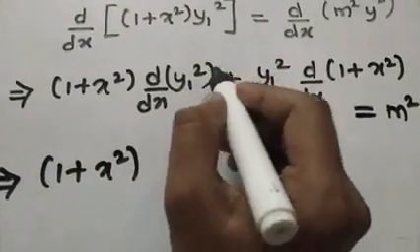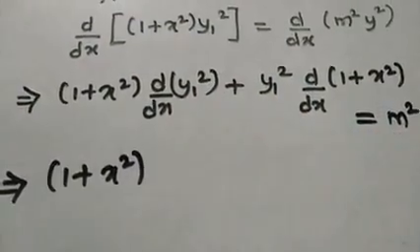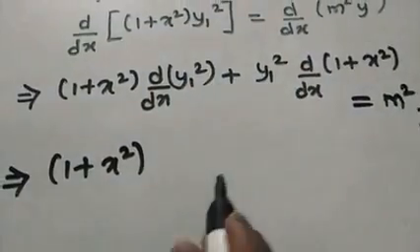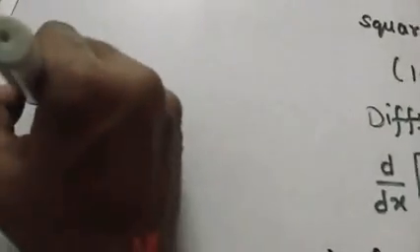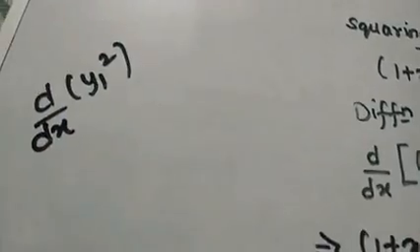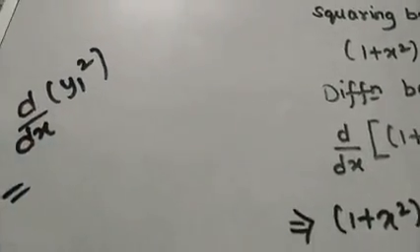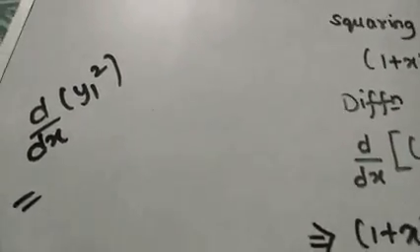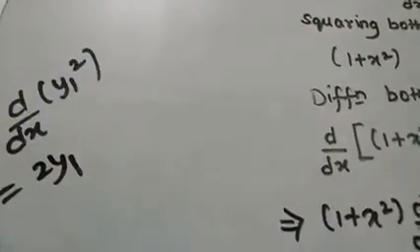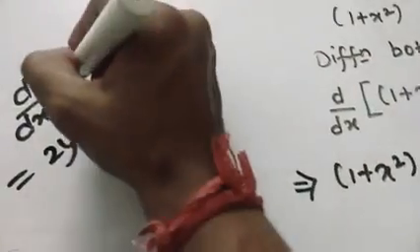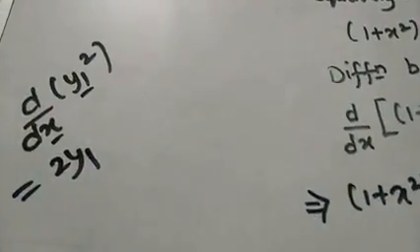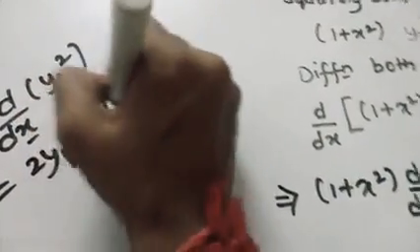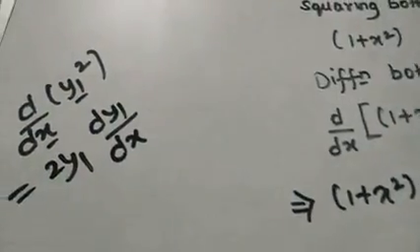Okay, now y1 square, very much careful. See what was there, d/dx of y1 square, right? This was the term there. Now we know that d/dx of x square is 2x, so y1 square will be 2y1. Similarly, this is y1, this is x, they are not same, so by chain rule further differentiate.